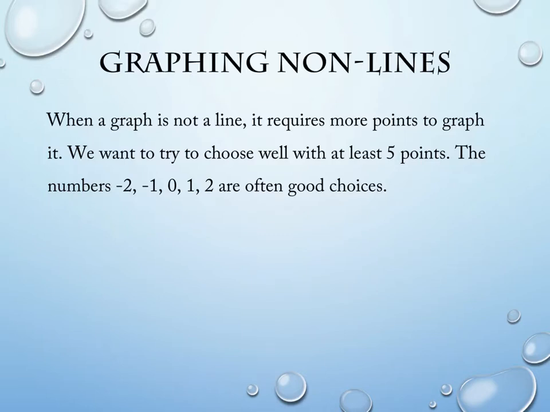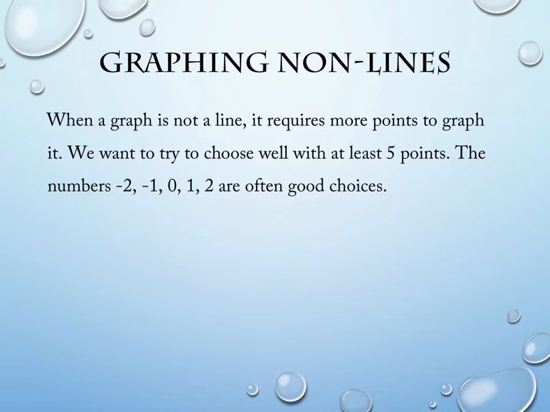Here, we need more than 2. 2 will not be enough. We want to try to choose well with at least 5 points. Not 2, 5. And this sort of phrase, choose well, is really vague. I know. But I think that once you start doing it, you'll figure out what that means. And I'll try to help you do that.